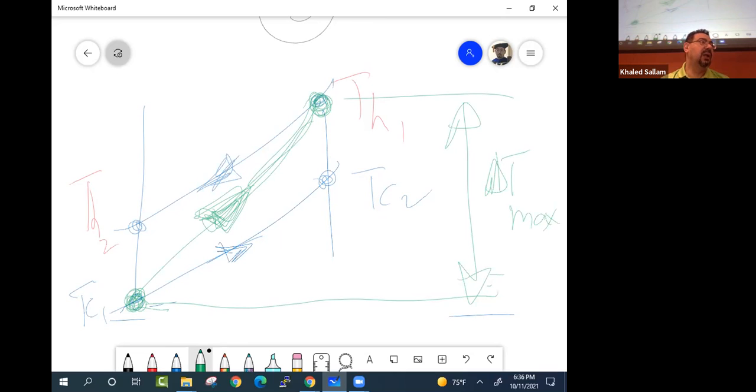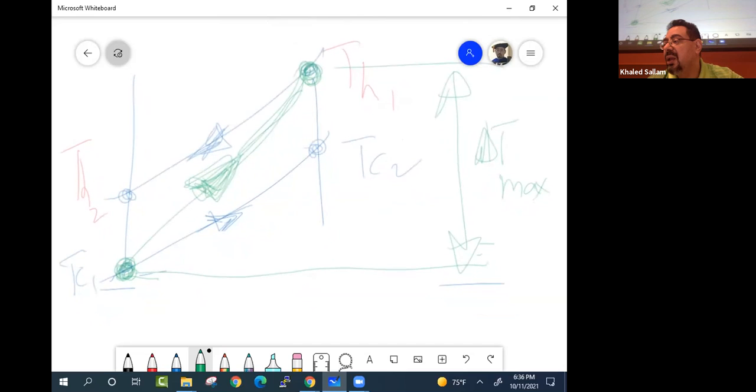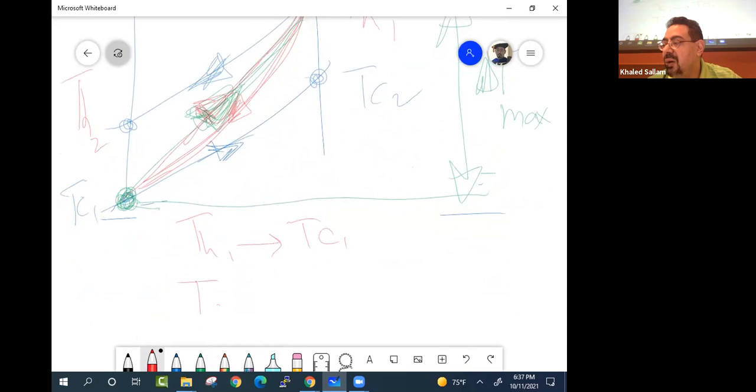That's kind of like the Carnot cycle. You're not going to hit the Carnot cycle, but you tell yourself how far you are from it. All right? This dream can also be realized by the hot fluid getting as cold as the cold inlet, so TH1 can get to TC1, or TC1 can get as hot as TH1.